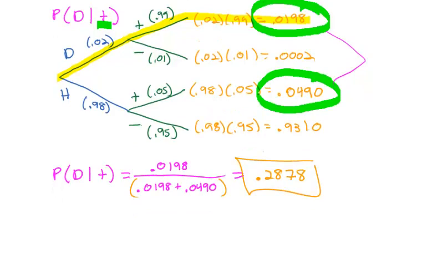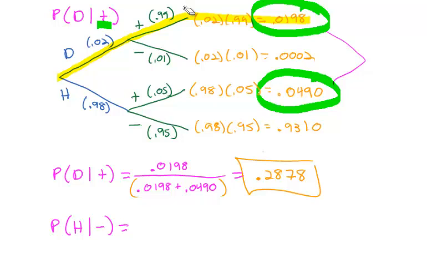Well, this makes people wonder if it's only going to give me a positive result correctly signifying the disease 28% of the time, is the test really worth it? Well, let's look at the opposite question. Let's look at the probability that you are healthy given you have a negative result. Did you get a correct negative as opposed to a false negative?